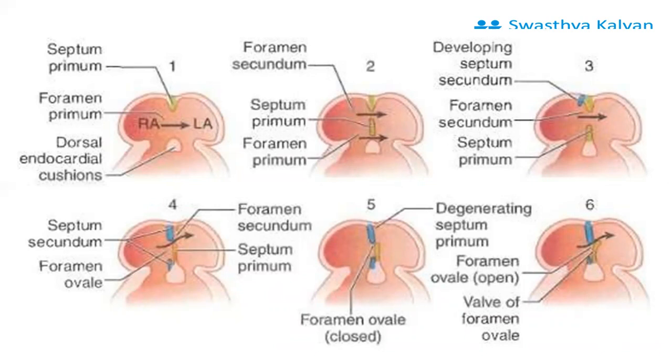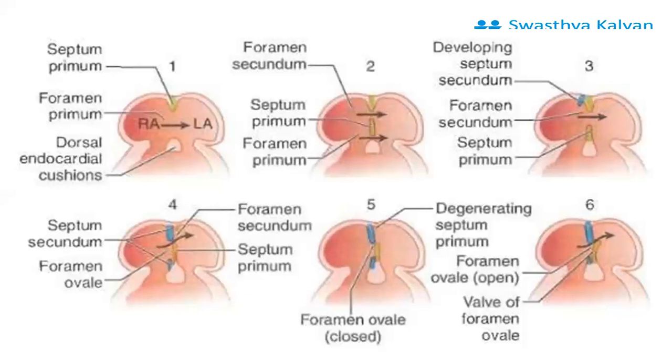What happens is there is a structure known as the septum primum, which arises from both the upper and the dorsal endocardial cushion. Due to development of this septum primum, we get the foramen primum, an opening which is primarily positioned. Then, apart from septum primum, we have two openings, known as foramen primum and foramen secundum.